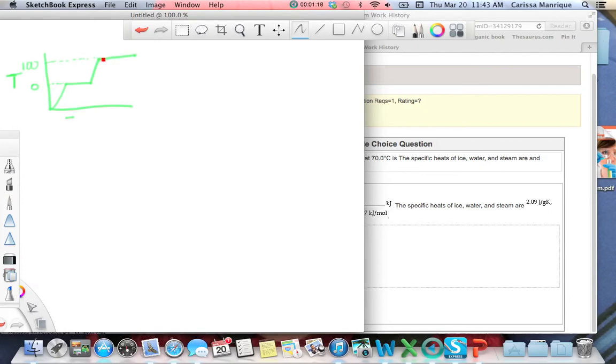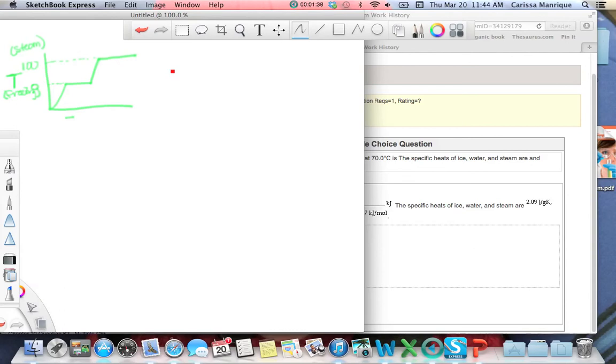At this point, we're looking at steam, okay, because we're looking at water, and 0, that's when we're looking at freezing. So here's the freezing point of water at 0 degrees, and here's 100 degrees.